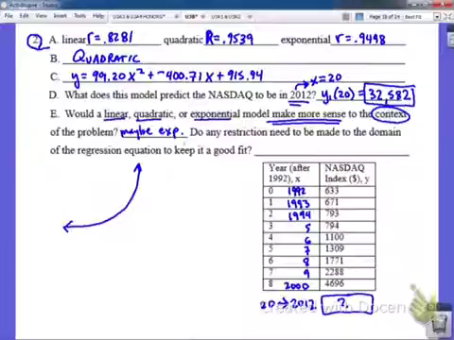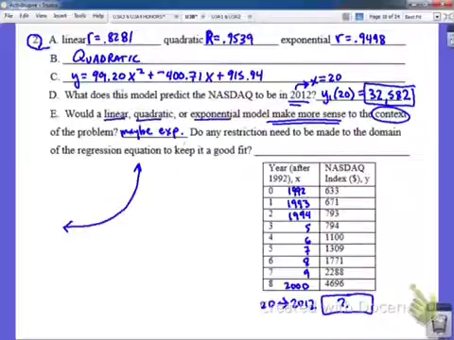Do any restrictions need to be made to the domain of the regression equation to keep a good fit? I'm going to say that you would have to actually look at the graph.